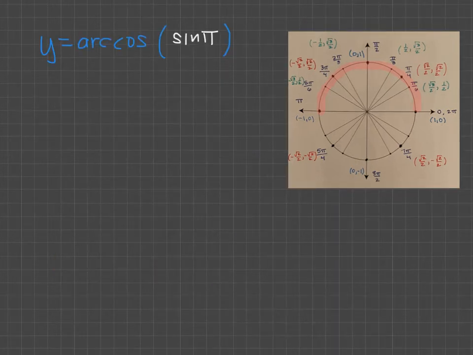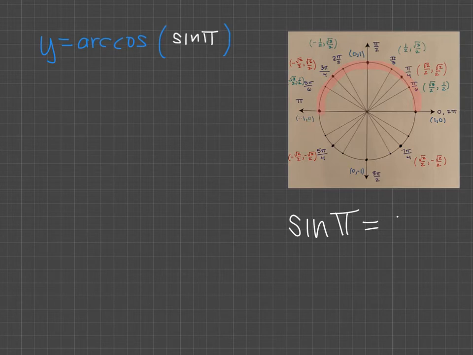All right, let's look at this one. Y equals arc cosine of sine of pi. So we have like a composition of functions here. We want to evaluate sine of pi first and then plug that value into that inverse cosine function. So sine of pi, we're going to look at our unit circle. Let's go around to pi. The sine is going to be the y-coordinate of 0.